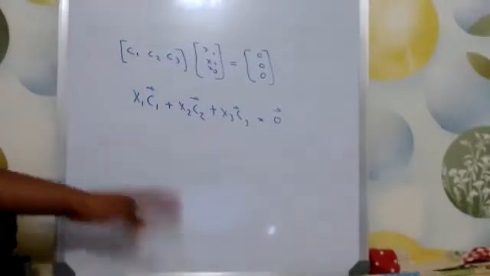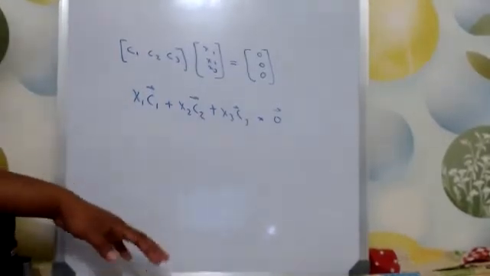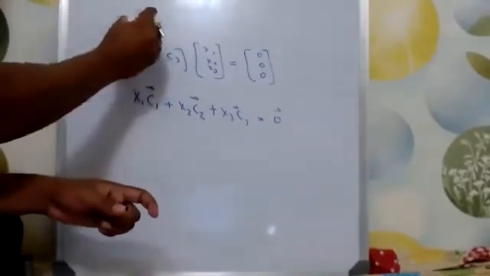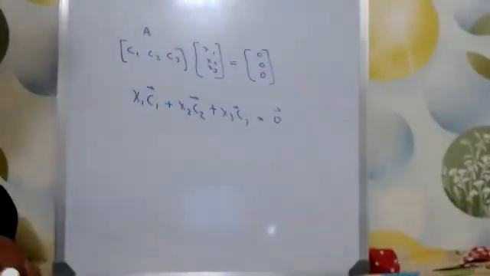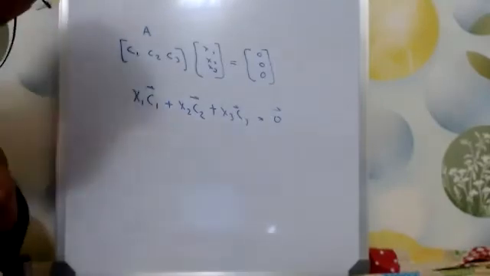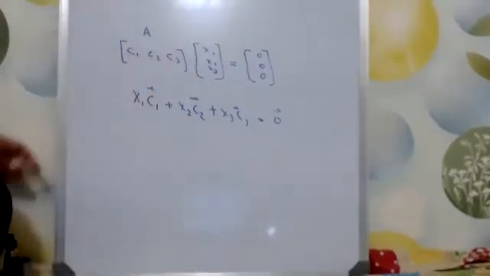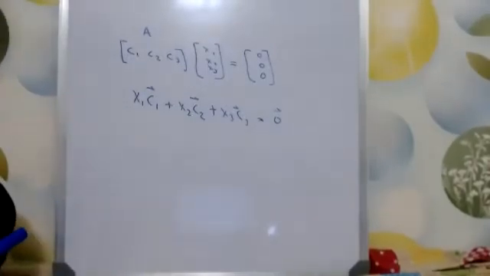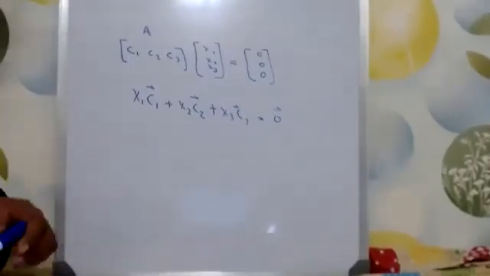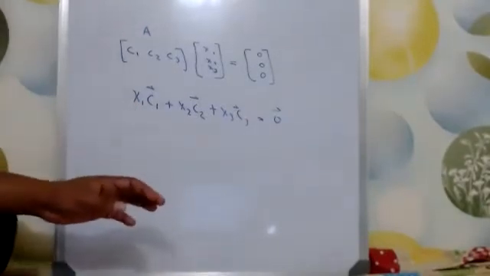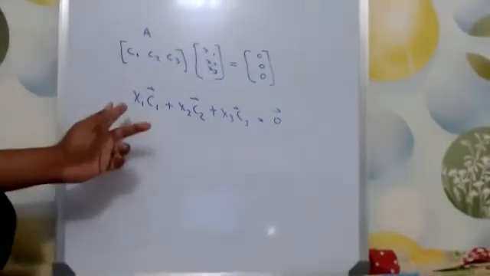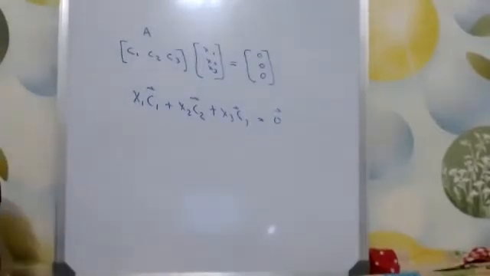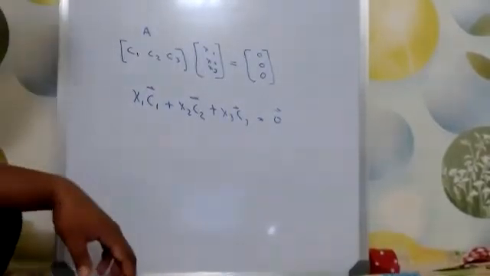So this is what we understood when we were doing the null space of A. A has 3 columns, and these are the linear combinations. So we find out what those linear combinations are which, mixed with the columns of A, give us the zero vector. So that was the null space.